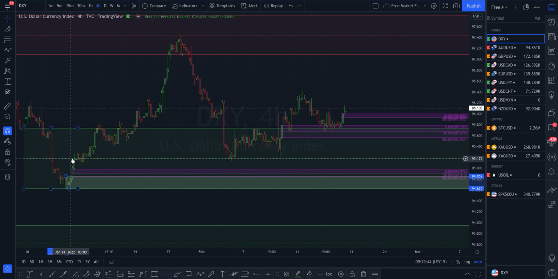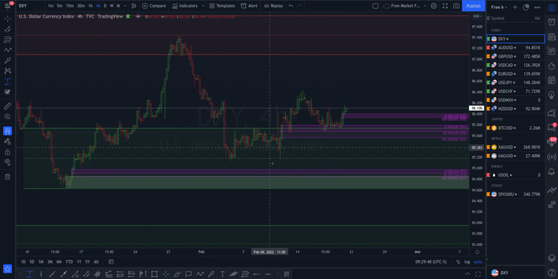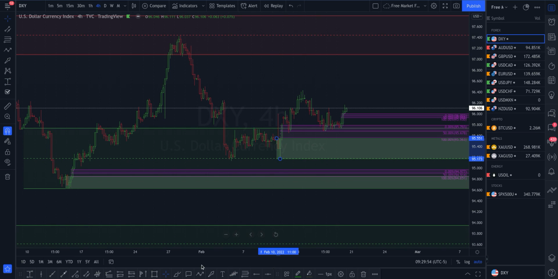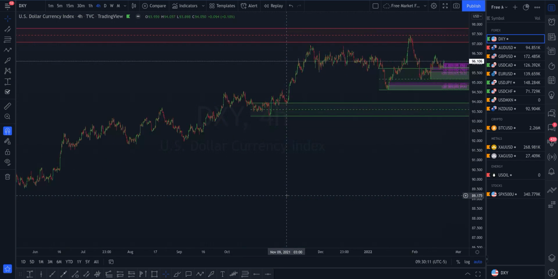This demand has been touched. We do have a demand zone right here that has not been touched as well. We also have demand here that has not been touched.